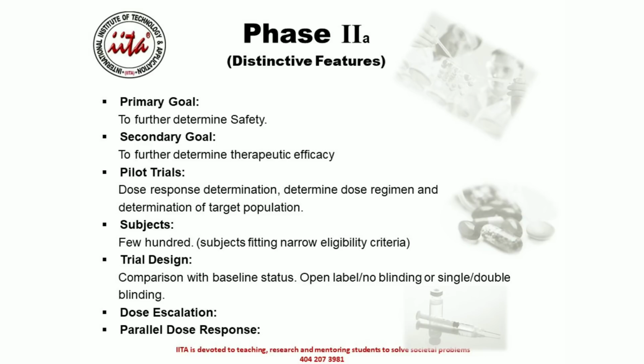Trial design, comparison with baseline status, open label, no blinding, or single double blinding. Dose escalation, to determine the minimum tolerable dose. Parallel dose response, choice of control groups. This includes placebo or comparative marketed drug against the investigative drug.